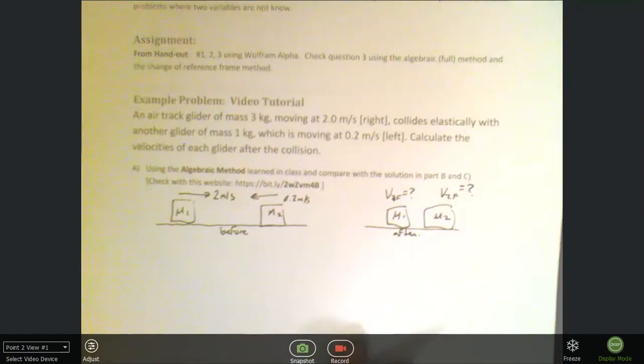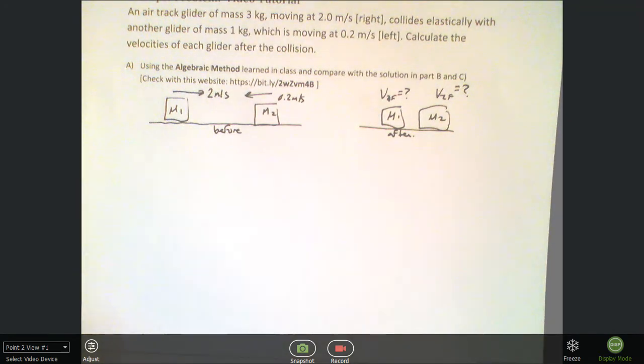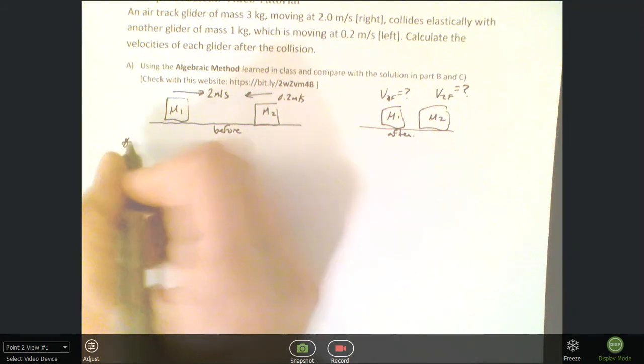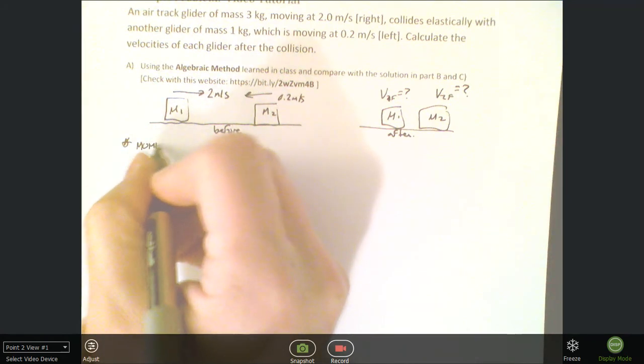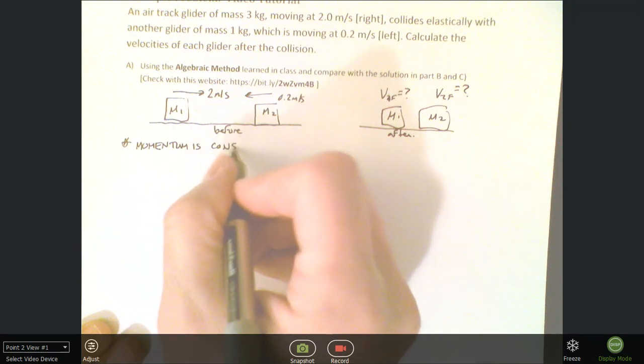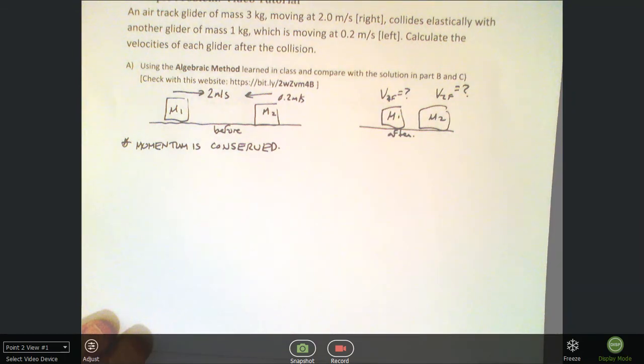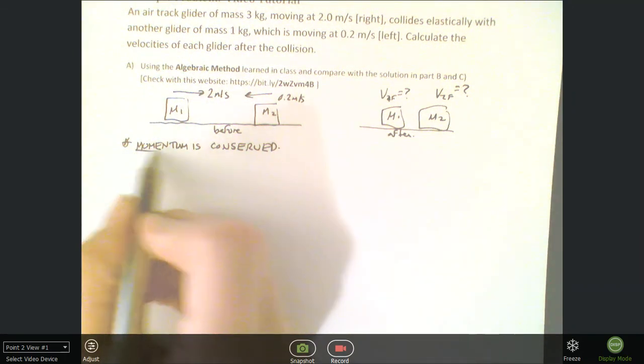Okay, so let's take a look. One thing we know for sure, and we've done this, is that momentum is conserved. So in a completely elastic collision, momentum is conserved.